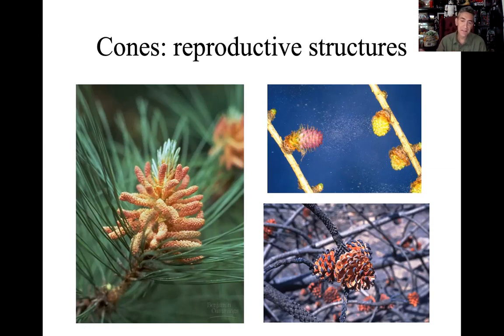They rely on the heat of the fire to melt the sap, the substances holding that cone together. Once that's melted away, the cone will open, and the seeds will be dropped on a freshly burned area, fertilized. We have this natural fertilization process that happens after a fire. We have a clearing of brush, more light hitting the ground. So it's a neat strategy for putting the seed in a very good, fertile type of environment.